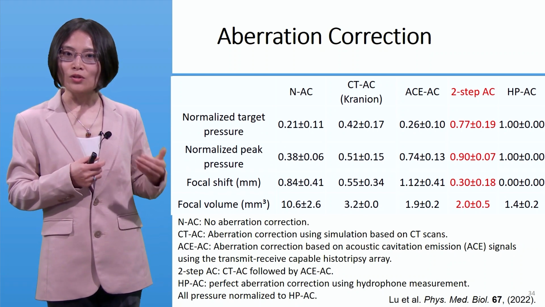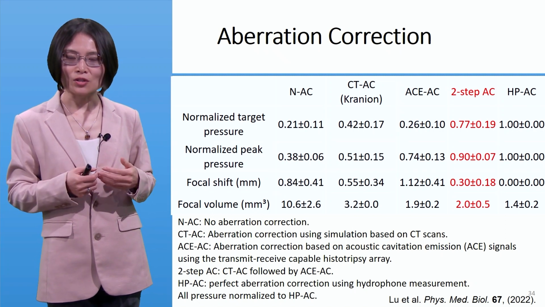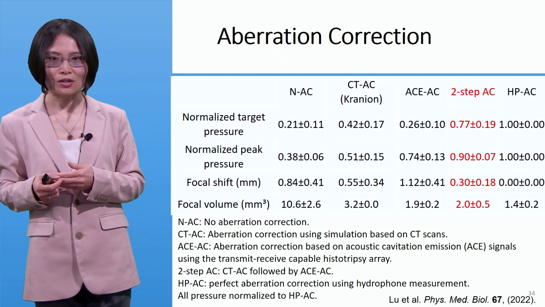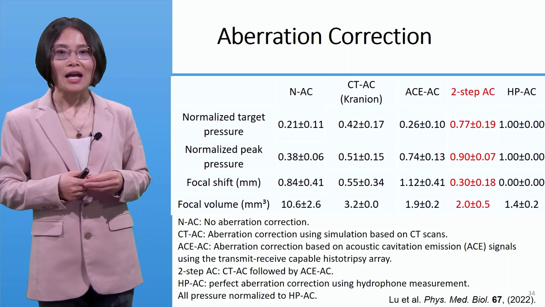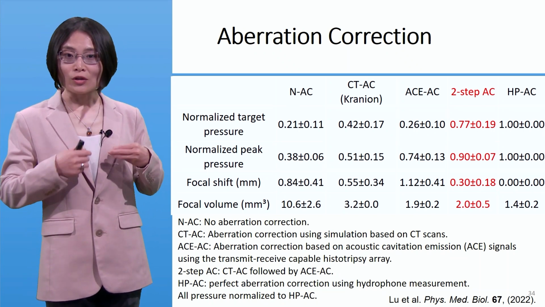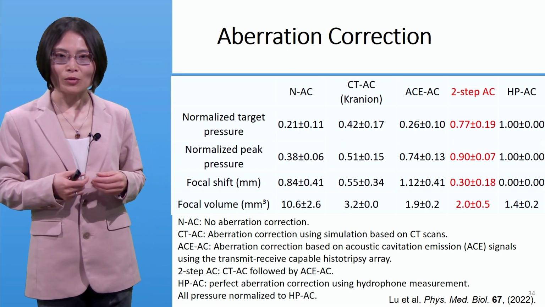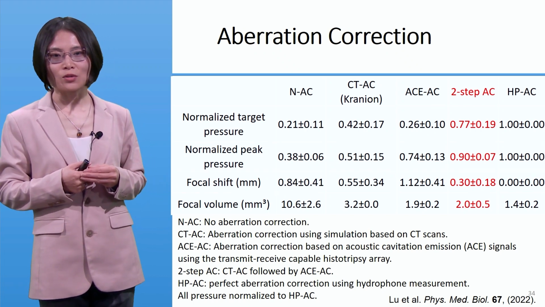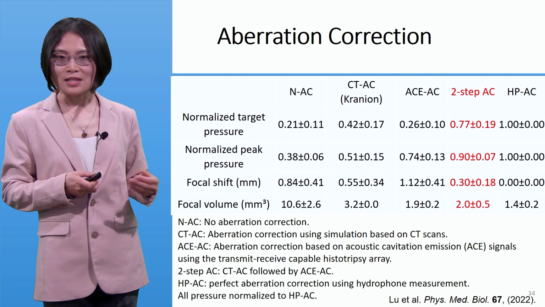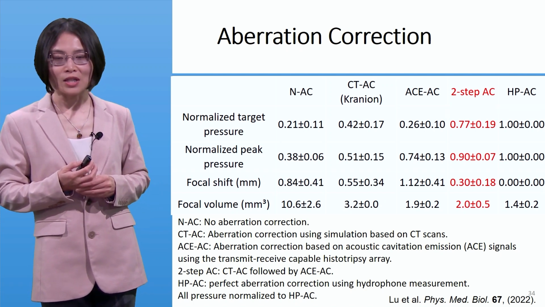Those are used to calculate the phase and time delays needed to adjust the transmission signal, to correct the aberration effect, allow refocusing through the skull, recover the pressure loss through the skull, and enable transcranial treatment. This has allowed us to do transcranial treatment through excised human skull.